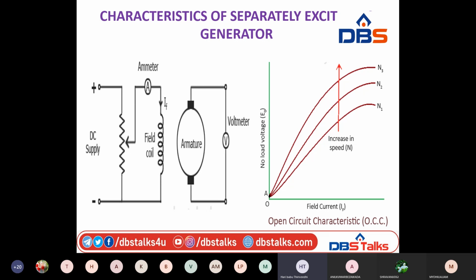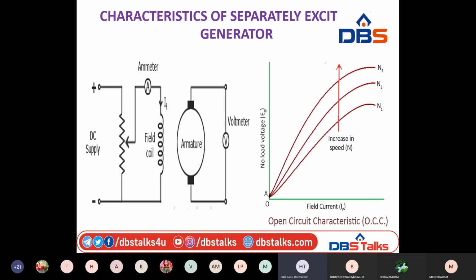That value is nothing but the field current value. So by varying the rheostat, you can get the field current value. According to those field current values, note down the voltage in the voltmeter. That is nothing but the no load voltage.